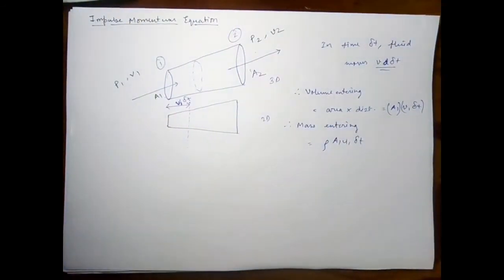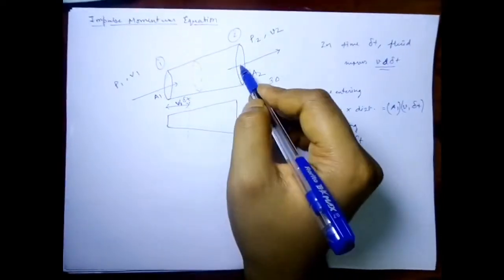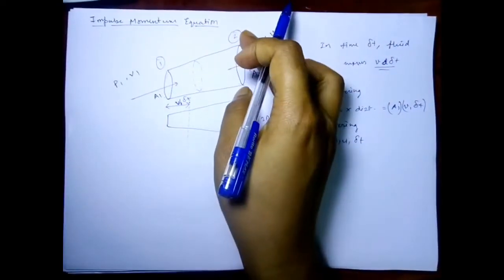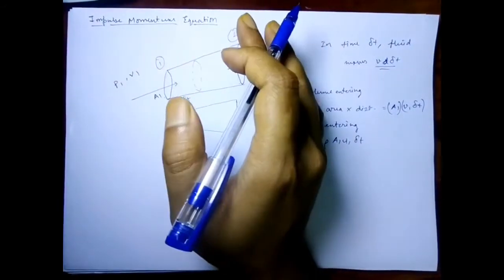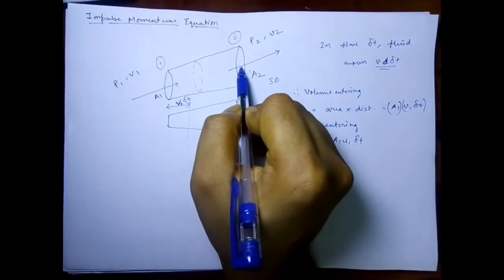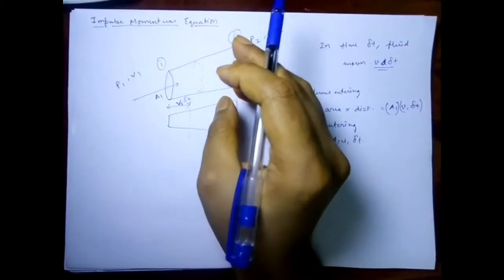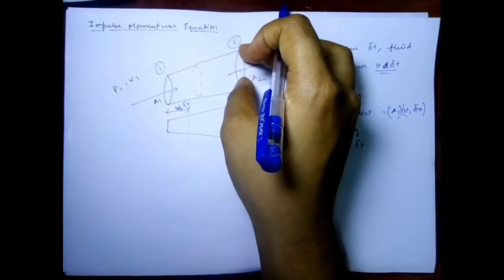In this case, let us suppose that the density of the fluid may be changing because there is a change in the cross-sectional area. Mass can neither be created nor be destroyed, so the mass entering should be equal to the mass exiting.